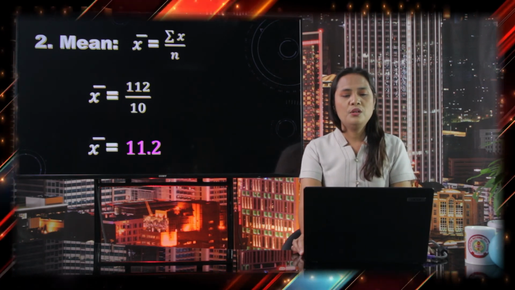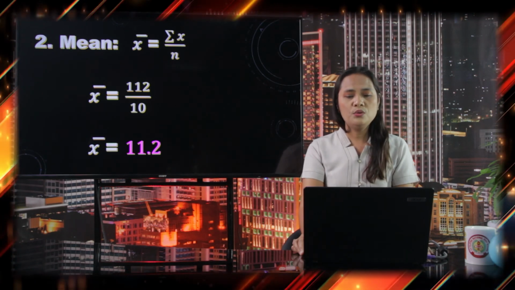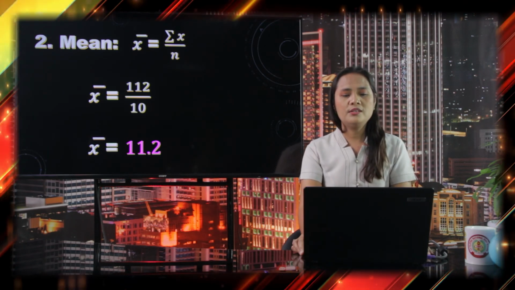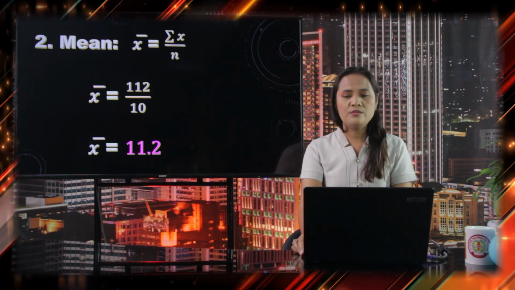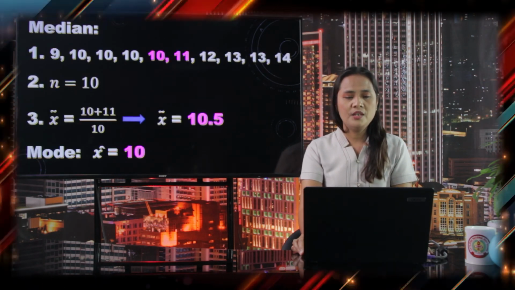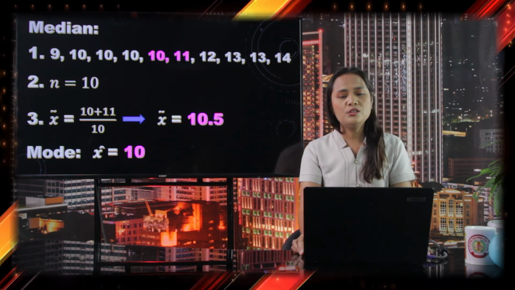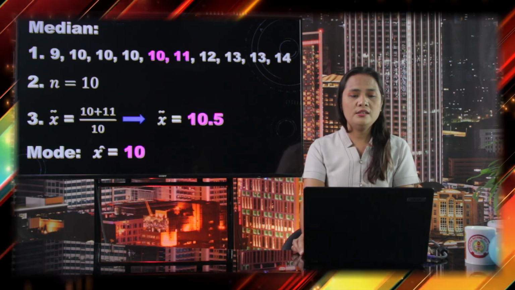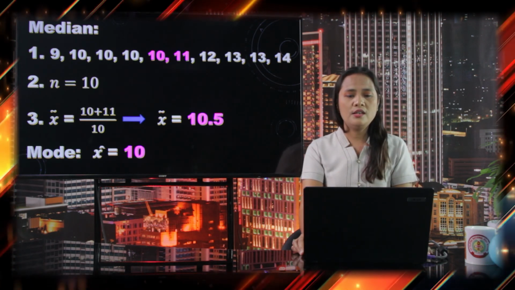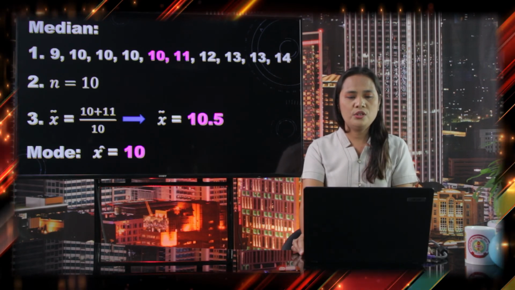Number 2. The answer for the mean of number 2 is equal to 112 over 10. Mean is equal to 11.2. Next, the median. Step 1, the data arranged in ascending order, we have 9, 10, 10, 10, 10, 11, 12, 13, 13, 14.